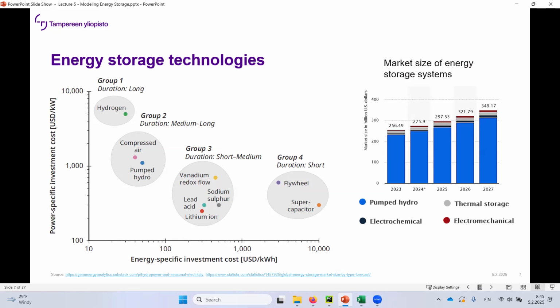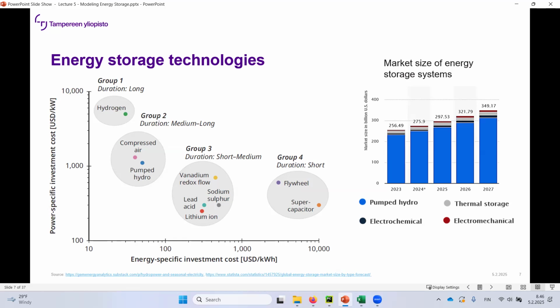But you can see that pumped hydro, there's a comparison of the energy-specific investment cost and the power-specific investment cost. In power-specific investment cost, it loses to these battery energy systems, for example, the really short duration flywheel and supercapacitors.